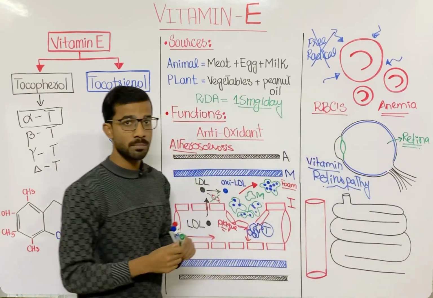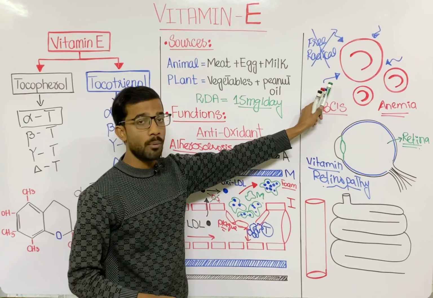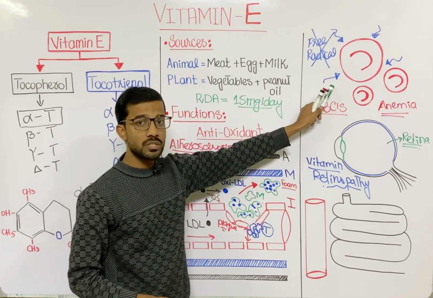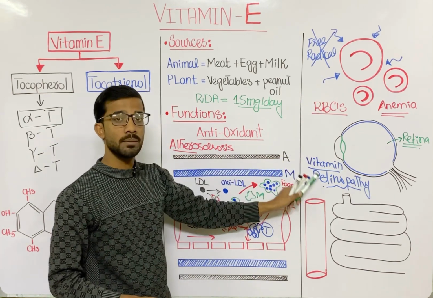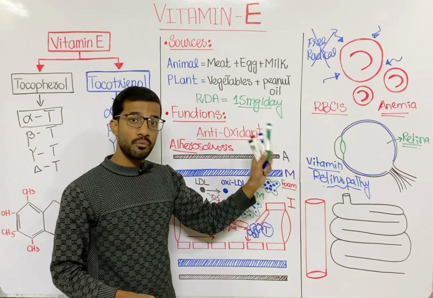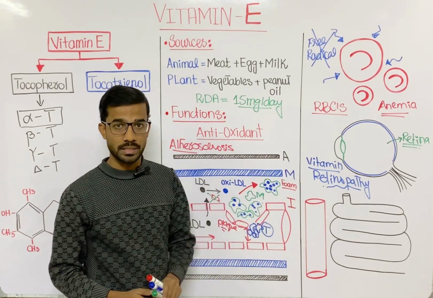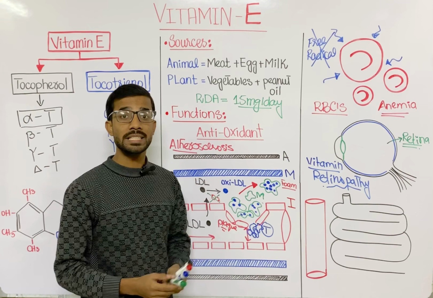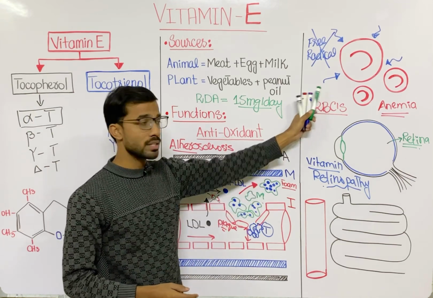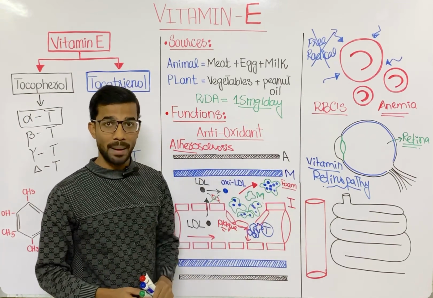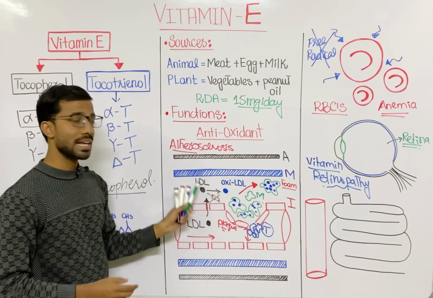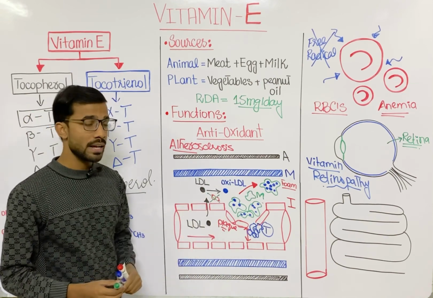That is again the most important thing. And these two processes, hemolysis, RBC destruction, and the retinopathy, mostly happen in very low weight infants. So actually vitamin E supplements can prevent hemolysis and the retinopathy. But atherosclerosis happens in later age.